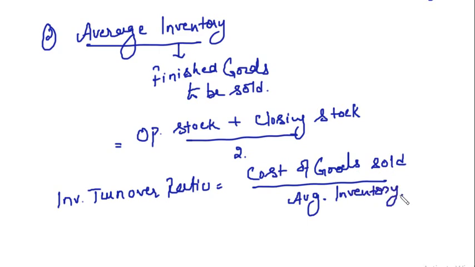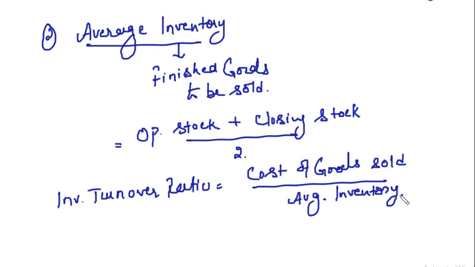This means how many times you have been able to convert your inventory into sales, and consequently you have been able to recover your cost on the goods sold. Higher the ratio means that you are being able to convert more of your inventory into sales and you have been able to recover more of your cost incurred during that year. Clear?